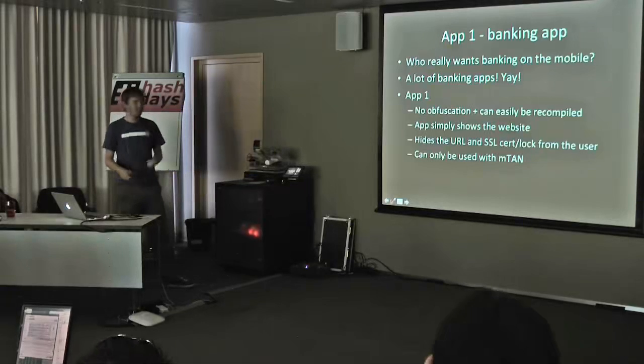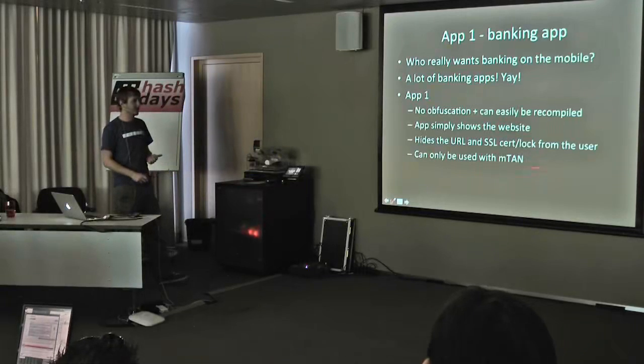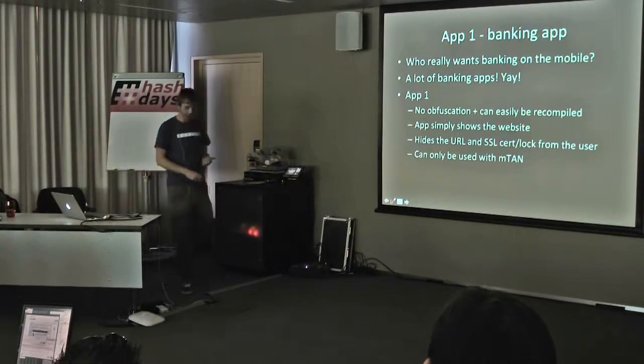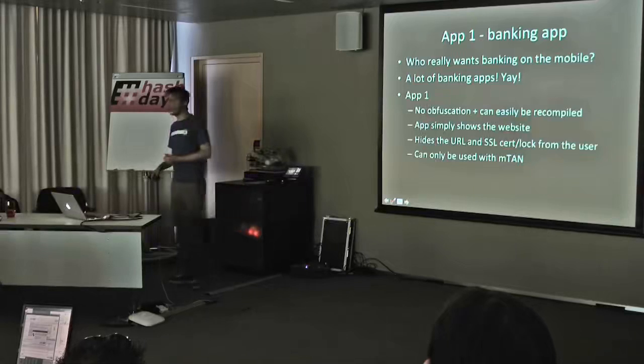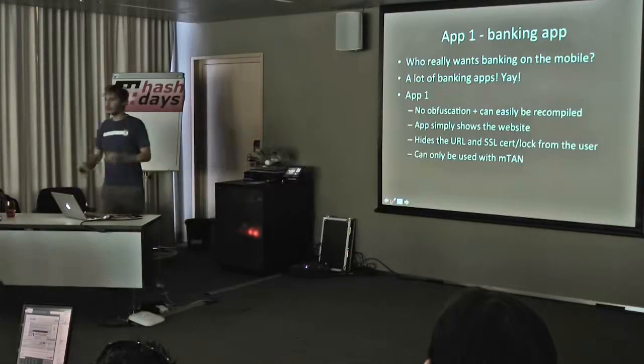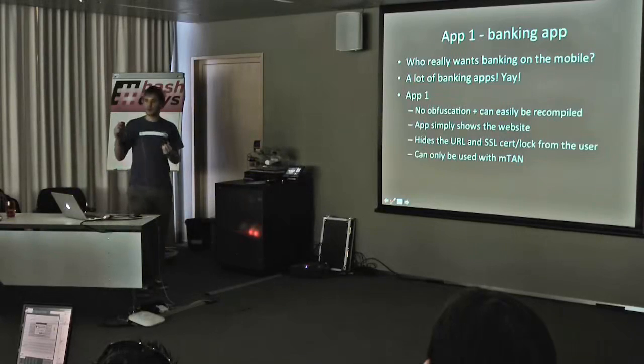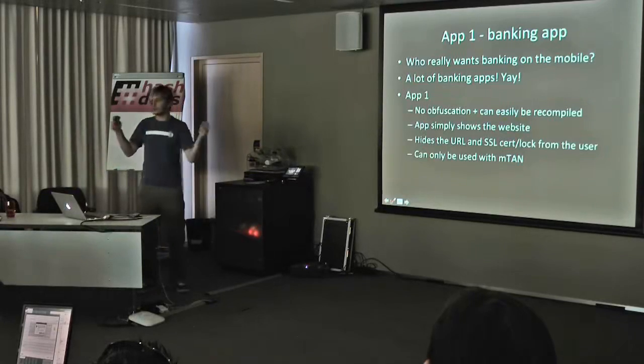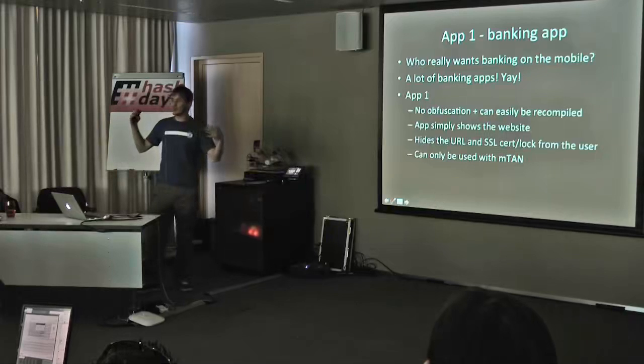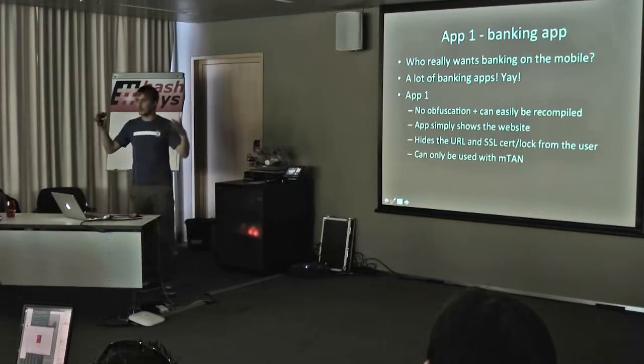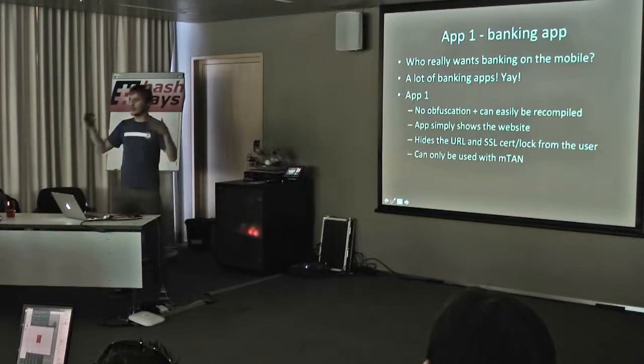And another problem is that this app can only be used with mTAN. So you get a mobile TAN, an SMS on your mobile, as a two-factor authentication, right? But the problem is two-factor authentication means there are two factors. So an attacker has to own two things or to know two things to really get through with his attack.